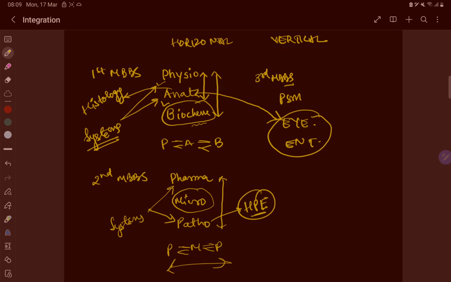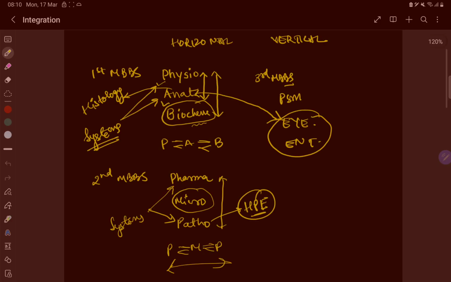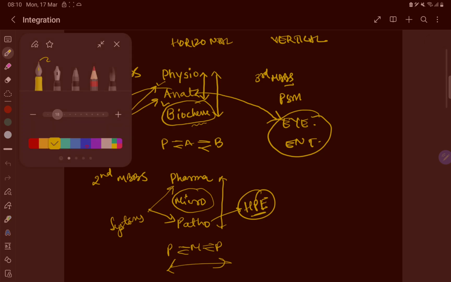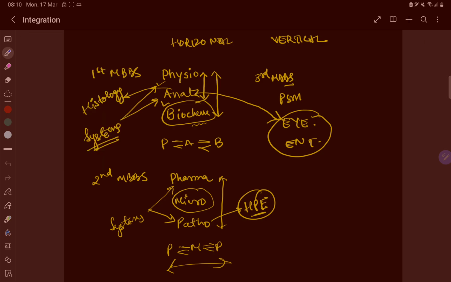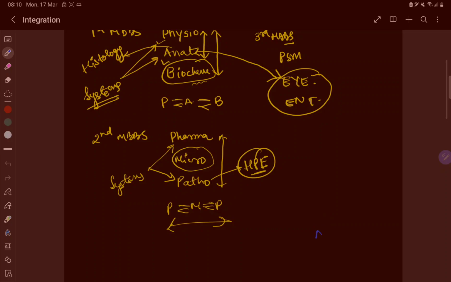Now let's see how these are all integrated. If we see vertical integration, there is anatomy in the first year, suppose pathology in the second year, and suppose eye and ENT in the third year.